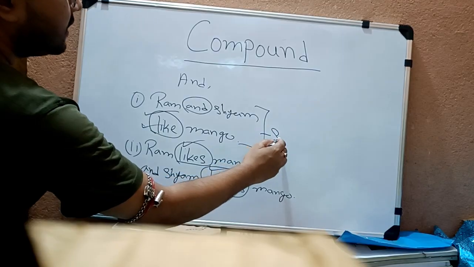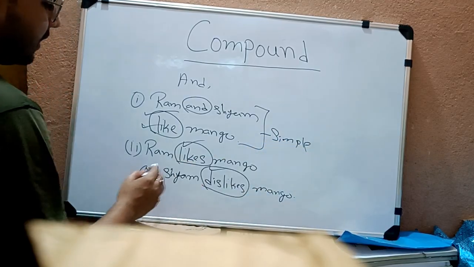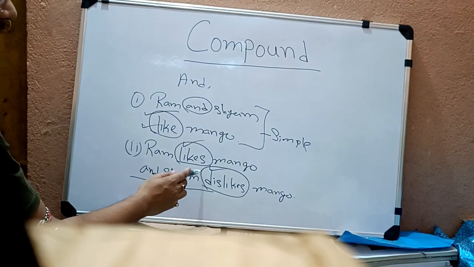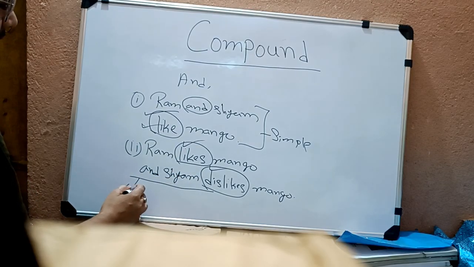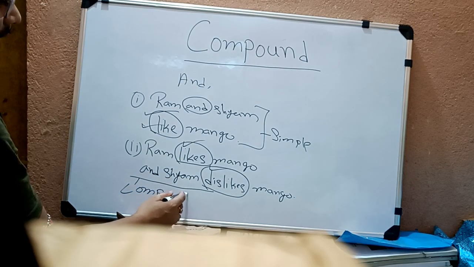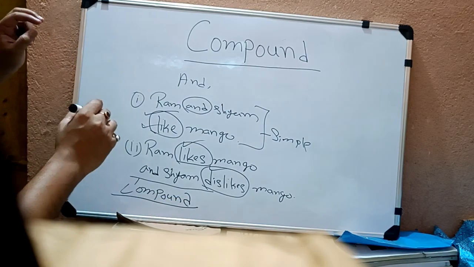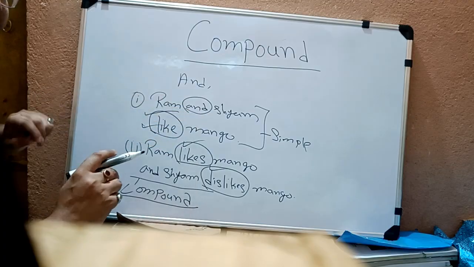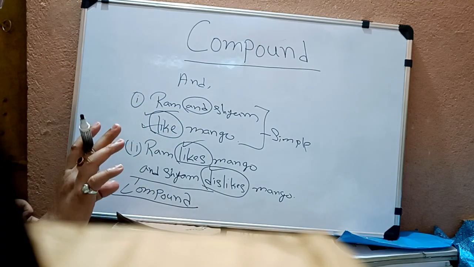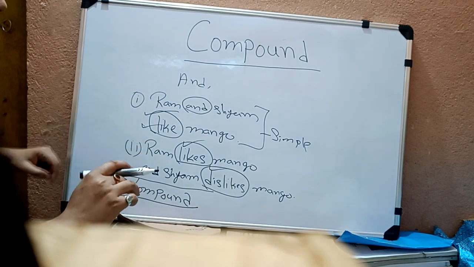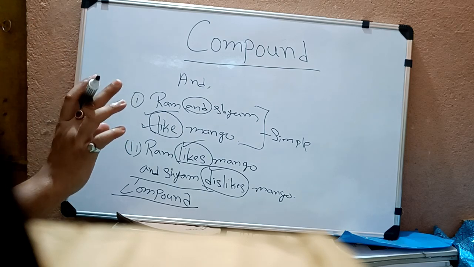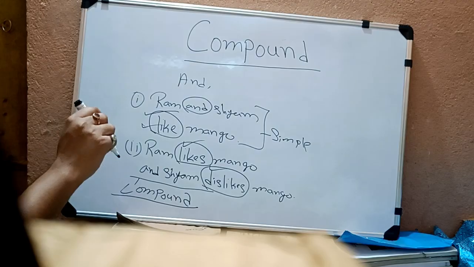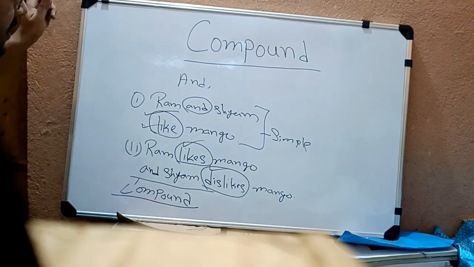But in the next we used and with two finite verbs, so it's a compound sentence. You have to remember that if a sentence has and as a conjunction, that doesn't mean it's a compound sentence. It may be a simple sentence, but the most important point is that there will be two finite verbs. Then it will be called a compound sentence. You have to remember this. This is the important point.